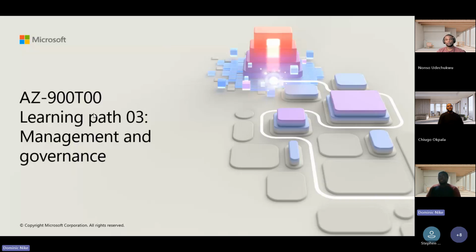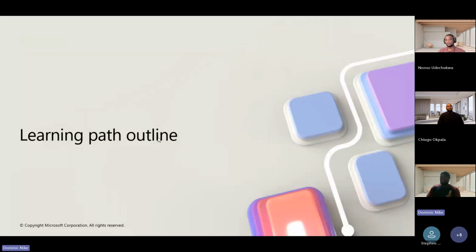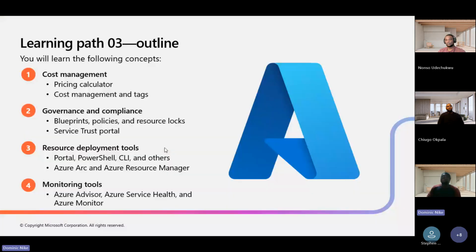So today we'll be talking about learning paths in management and governance. With management and governance, it's like having a country and a government in place to take care of that country.